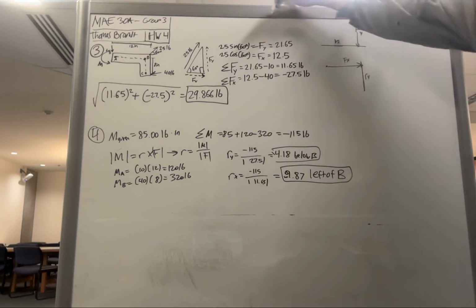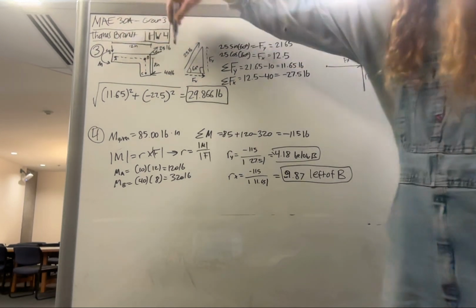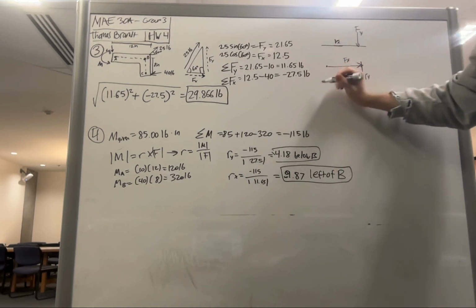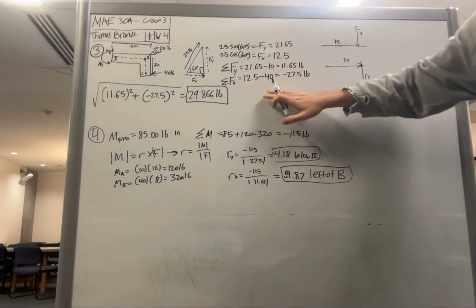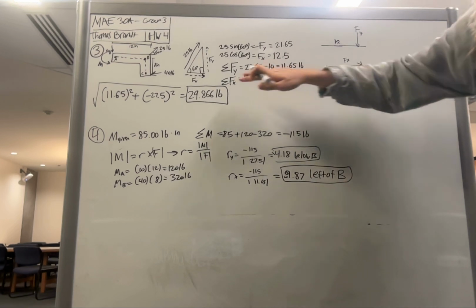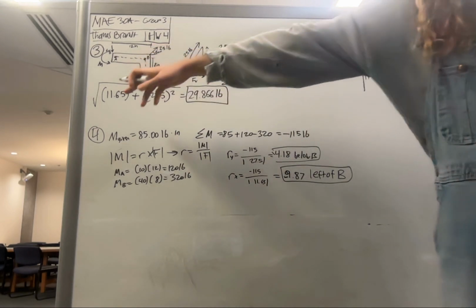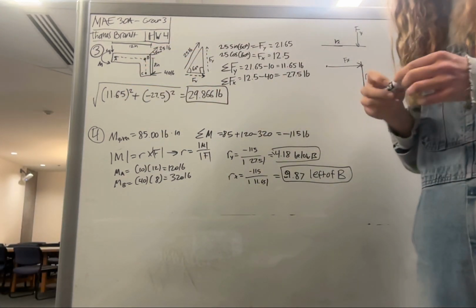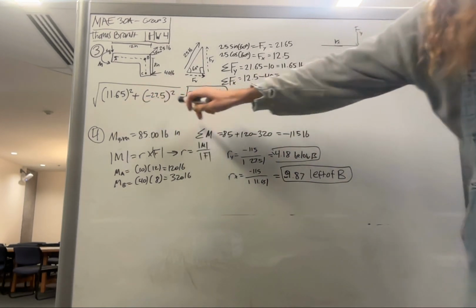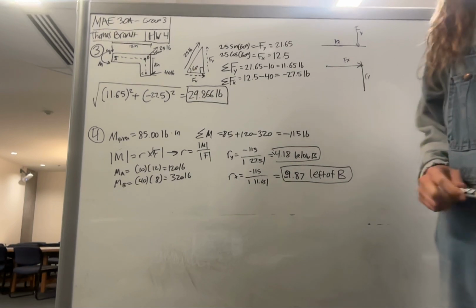Not only is it from this component, but we need to remember the given forces as well. Now we have a net y and a net x, and the magnitude between the two is going to be the hypotenuse. So we're going to use good old Pythagoras' theorem, and you'll eventually get the answer of hopefully 29.866 pounds.